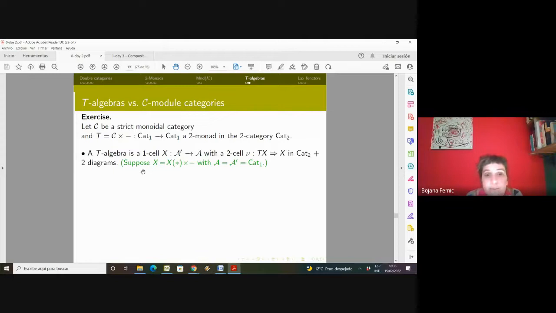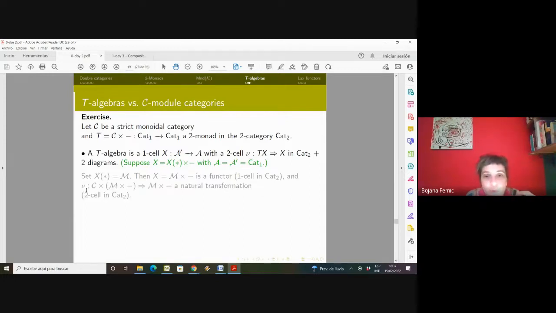And now let us suppose that this X is of this particular form, multiplying with X applied on star, and that A and also A prime are equal to the category of categories. And set X of the star to be some category M. Then I'm going to translate the axiom for a T-algebra in this case. So then X is given by M times, and as such it is a functor, so a one cell in Cat2.